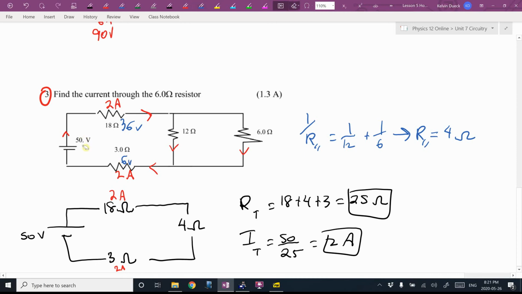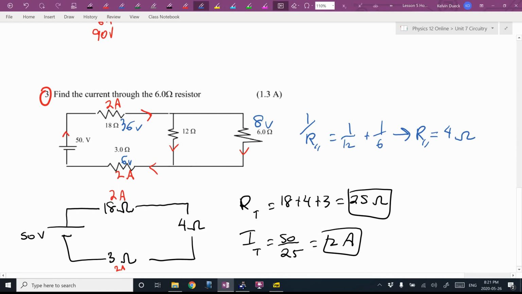I started with 50. I used up 36. I used up 6. If I ski the outer ski run, then 50 minus 36 minus 6, what's left here? I think 8 volts.